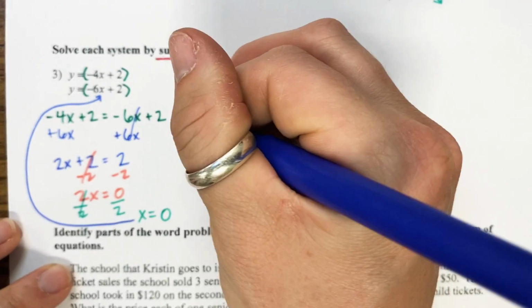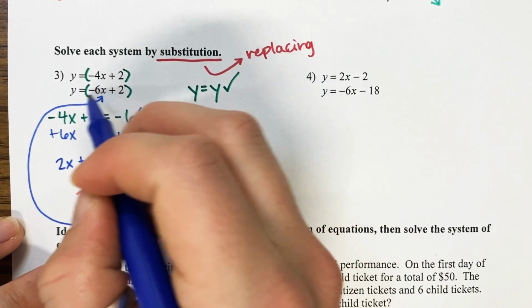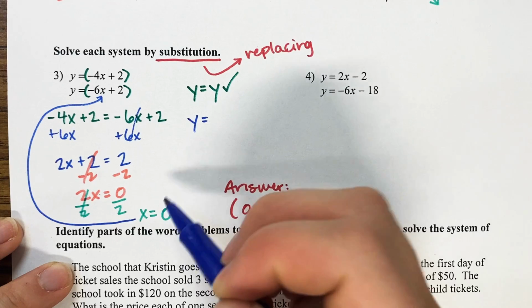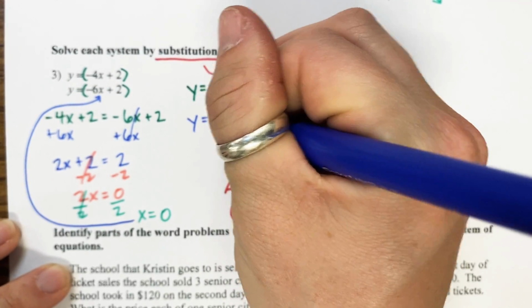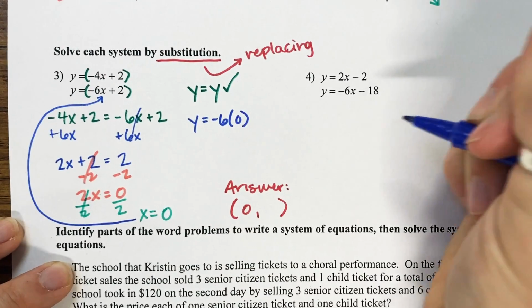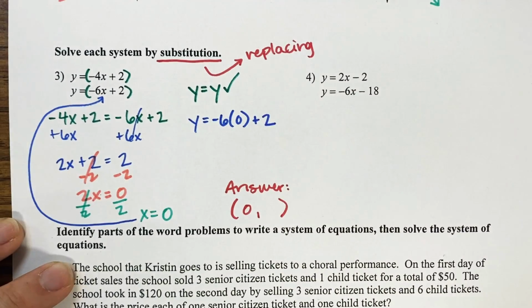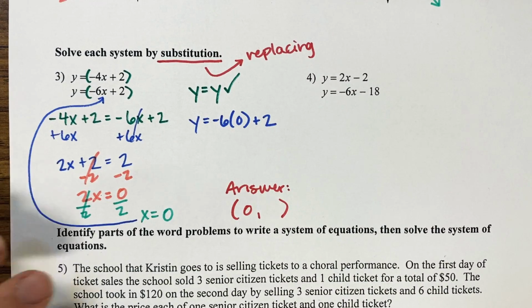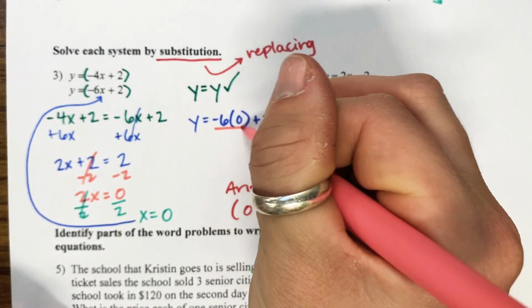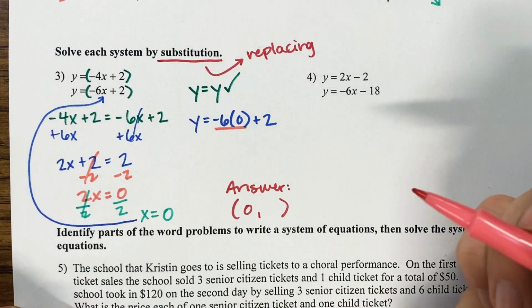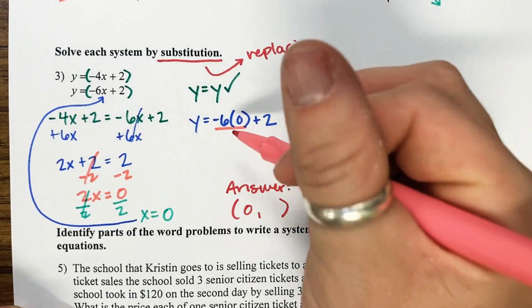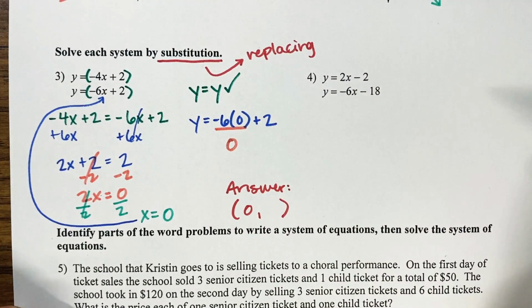Okay, so I have y equals, right, I'm writing this out. Instead of the x, I'm going to put a 0. -6 times 0 plus 2. Okay, so let's go ahead and solve this. Okay, what is -6 times 0? Anything times 0 is going to give me 0.